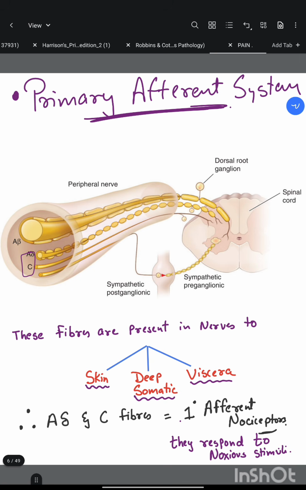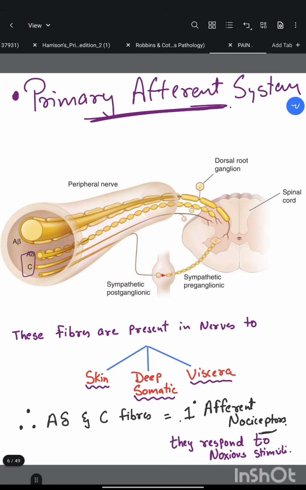Whenever a nerve is large and myelinated, it is useful for fast conduction. In our body, there are two things which need to be very fast. The first one is the motor system, and the second one is the dorsal column pathways, that is our joint sense, vibration sense, position sense.